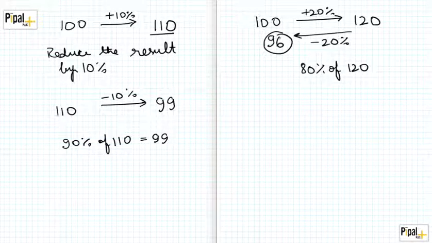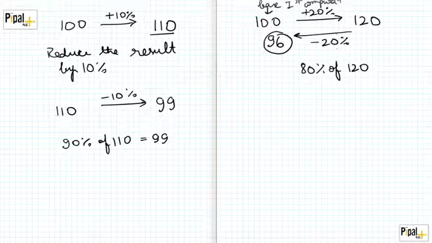and not 100, right? So the point here is that if you increase something by a certain percentage, 100 is the base in this computation, the base for the first computation. However, now that the entity has increased, the new base is also larger.